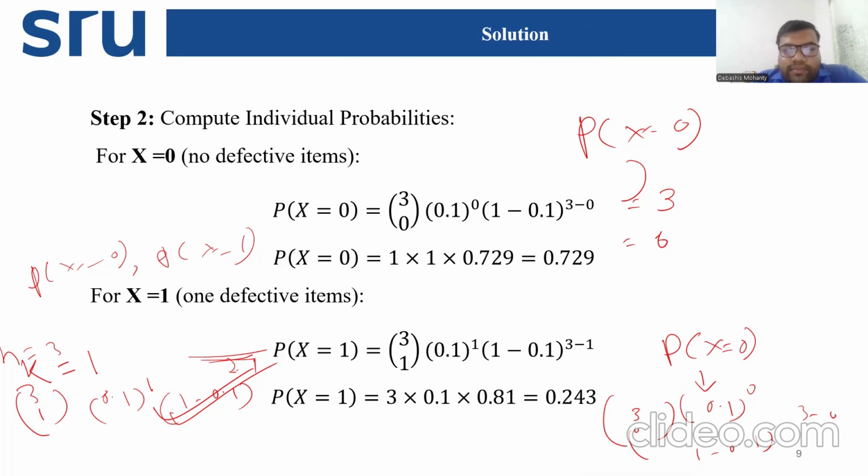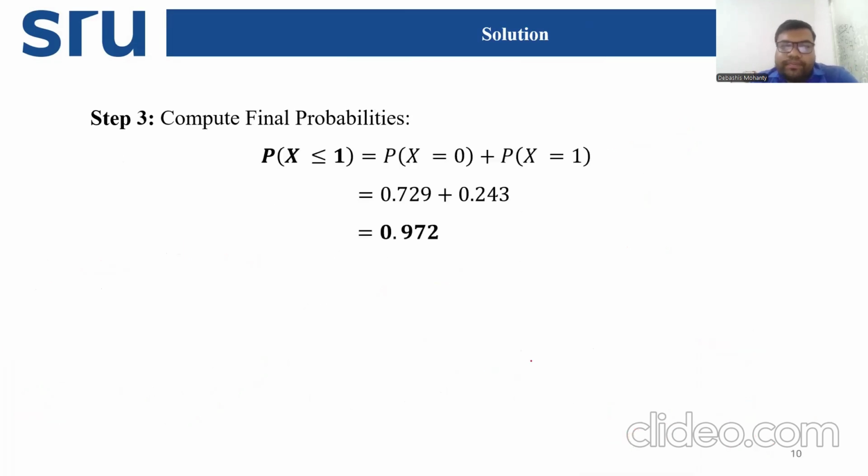After applying this formula, we get the result: the probability of x equal to 1 is 0.243. So we have already calculated the probability of x equal to 0, that is 0.729, and the probability of x equal to 1, that is 0.243. Next, we can compute the probability of x less than or equal to 1.